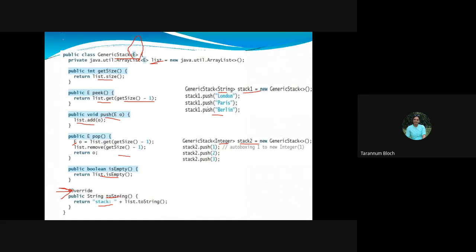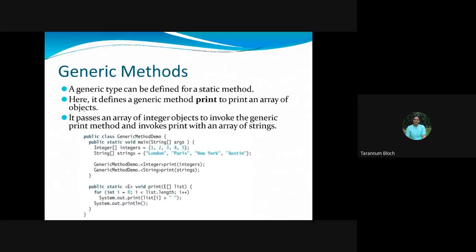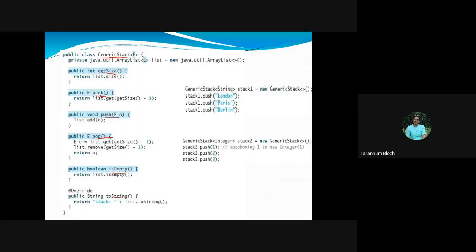Be sure about the fact that we have a generic class here. We are learning how to define a generic class, named GenericStack. As it's a class, it has the methods getSize, peek, push, pop, isEmpty and toString. As this is a class, we can declare an object. But we are not specifying the type of the object, because we are using angle brackets.